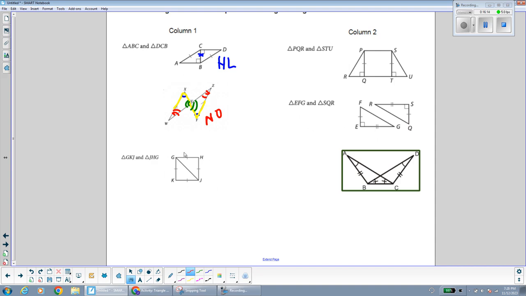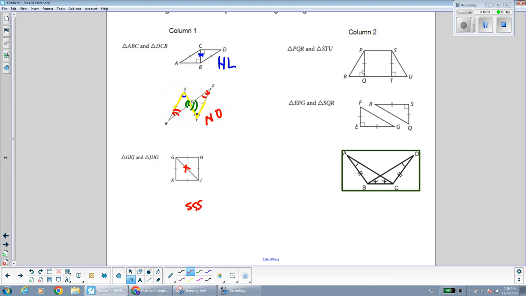Over here, we have a shared side. So we have SSS. We have all three pairs of corresponding sides congruent to each other. Okay, up here, we're taking a look at this triangle and this triangle. We have a pair of sides and we have a pair of angles. These are right angles, so HL comes to mind, but we don't know anything about the hypotenuses.